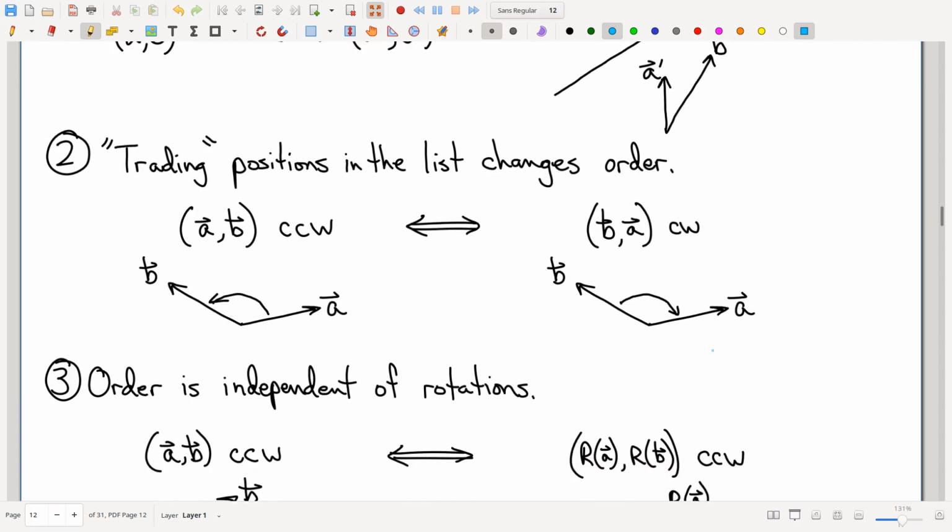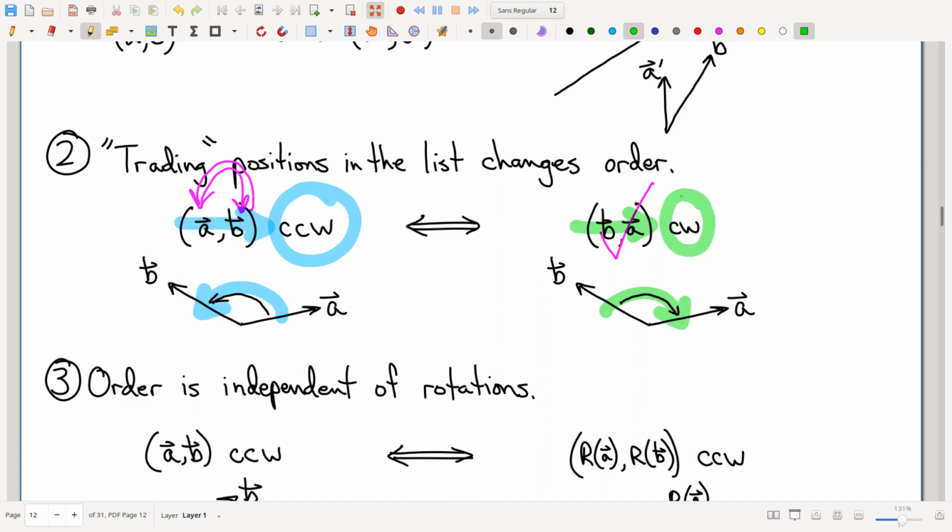Let's see here. If you trade positions in the list, if you put A where B was and put B where A was, to result in a new list like so, notice that the original list, A to B, in this case counterclockwise, the new list, B to A, becomes clockwise.